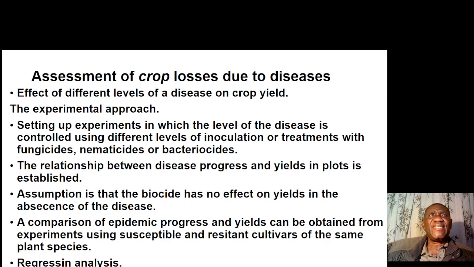The relationship between disease progress and yields in plots can also be established. The assumption is that the biocide has no effects on yields in the absence of the disease. In other words, if we use the fungicide, we are saying the fungicide is not phytotoxic to the crops. And usually most of these recommended fungicides may not be that toxic to the crop.